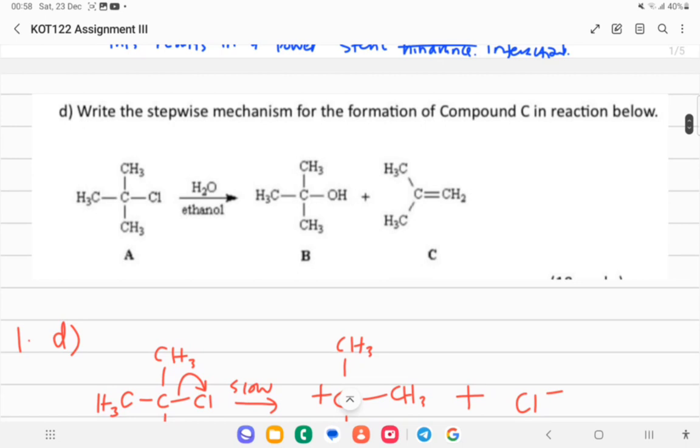Okay, I forgot to share some information with you guys. I will label here: for the E1 mechanism, our carbocation will undergo an acid-base reaction, while for SN1, our carbocation will undergo nucleophilic attack by the nucleophile.